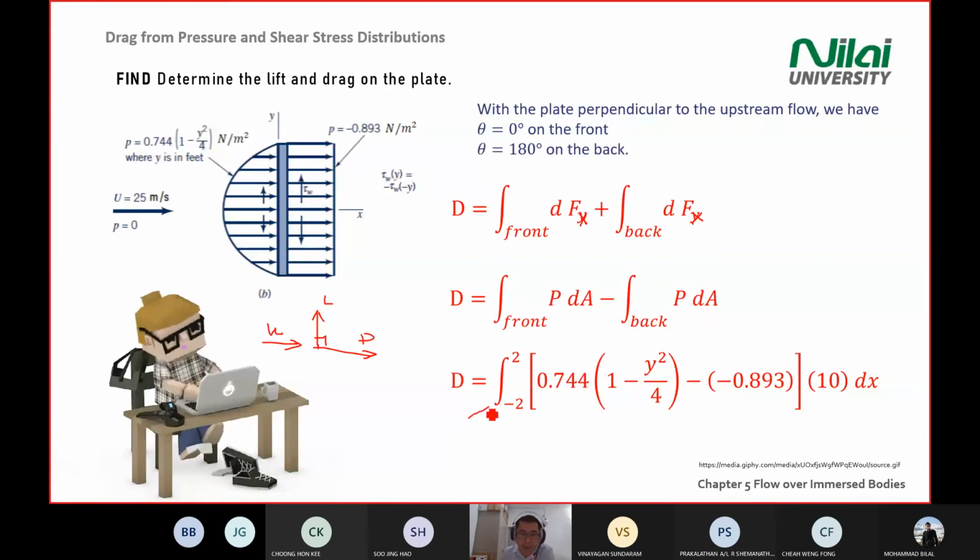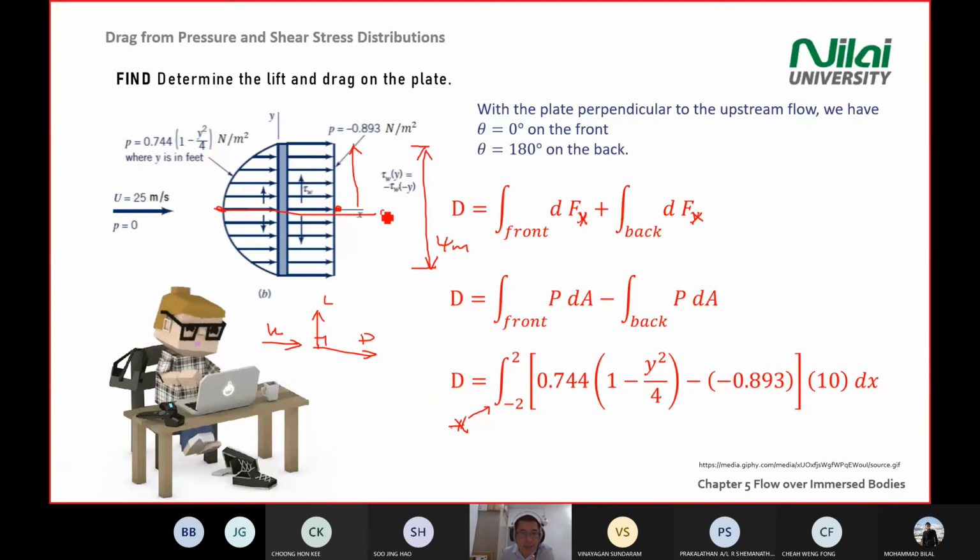What you need to be careful about is the integration here, because this is, you can say, a symmetric plate, so that our plate length is the same. Our plate length is 4 meters just now. And we refer to the center of the plate. So this is 0.